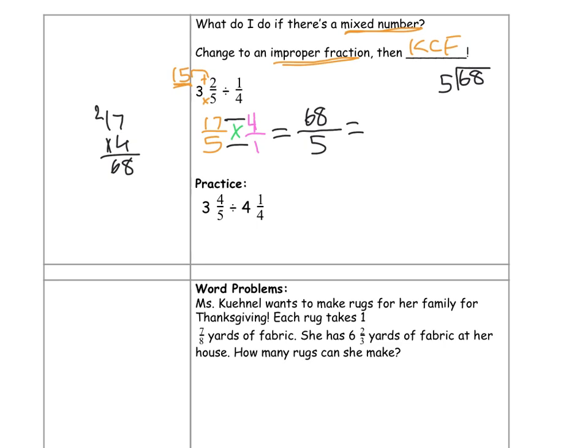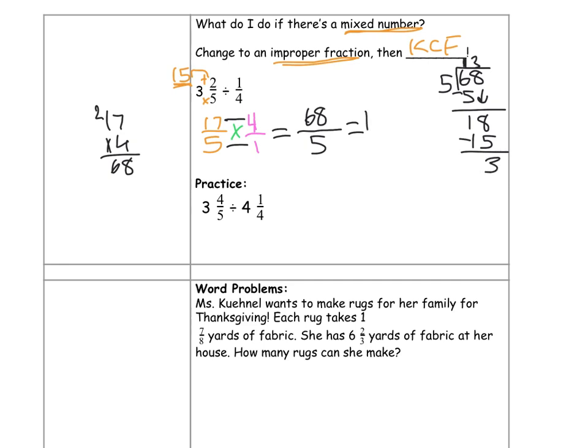6 can be divided by 5 once. And we're going to subtract, bring down, and 5 goes into 18 3 times. 5 times 3 is 15, with 3 left over.